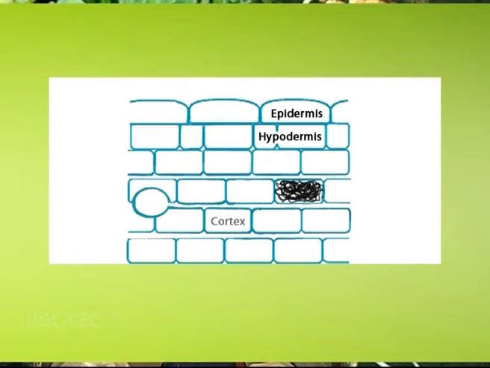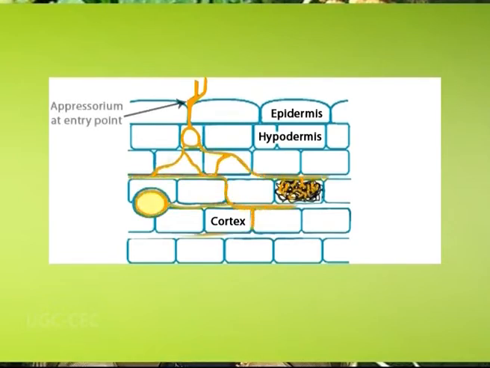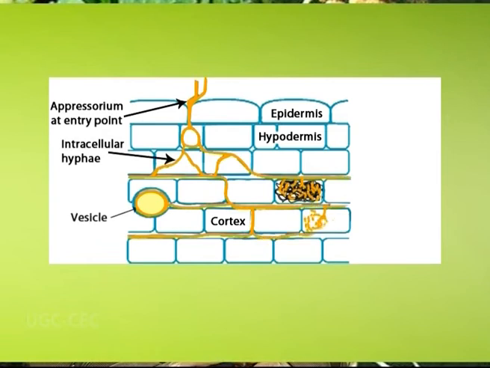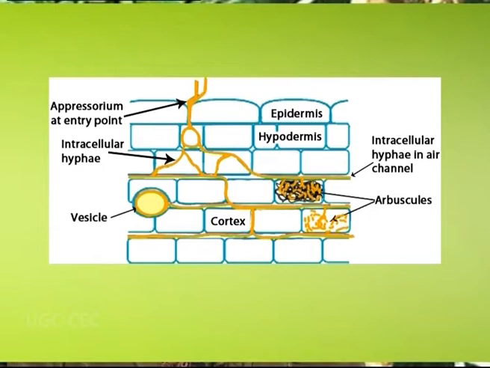interior of the root cells, that's cortical cells, and produce characteristic vesicles, which are membrane bound organelles of varying shapes inside or outside the cortical cells, and arbuscules, which are clusters of finely divided tree-like hyphae. These mycorrhizae are thus called vesicular arbuscular mycorrhizae or VAM type.